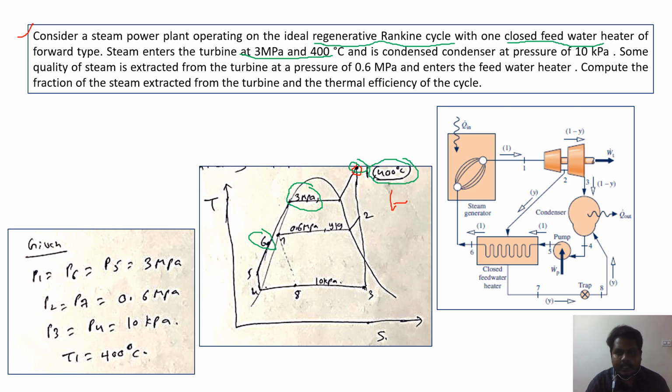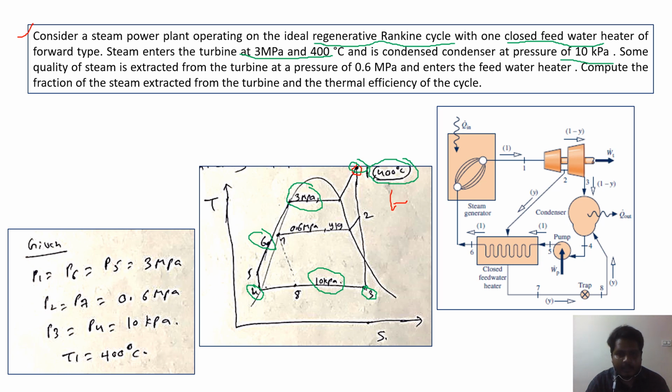And the steam is condensed in the condenser at a pressure of 10 kilopascal. So the condensation process is 3 to 4, and here the pressure is 10 kilopascal. Some quantity of steam is extracted from the turbine at a pressure of 0.6 megapascal.